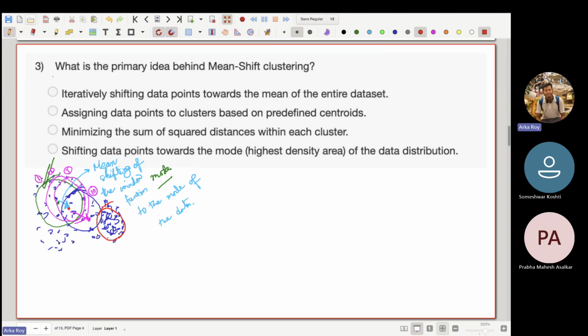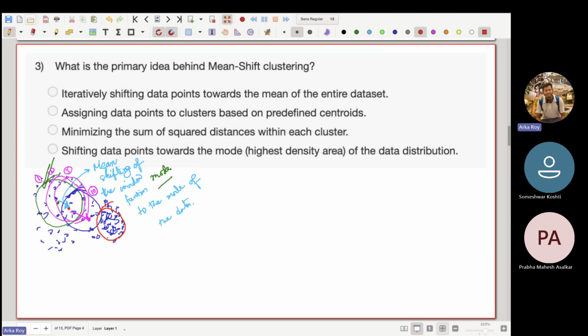So now let us see the options. What is the primary idea behind mean shift clustering? Iteratively shifting the data points towards the mean of the entire data set. That is not the goal of mean shift clustering.